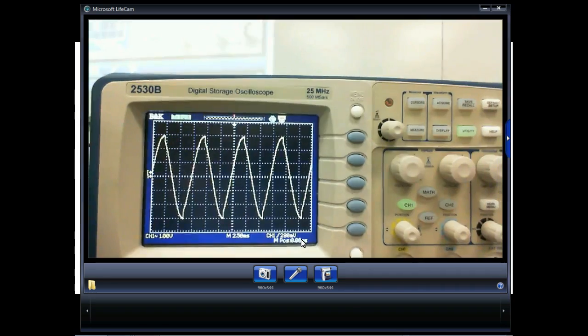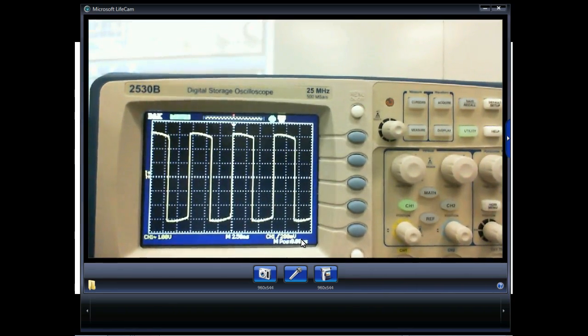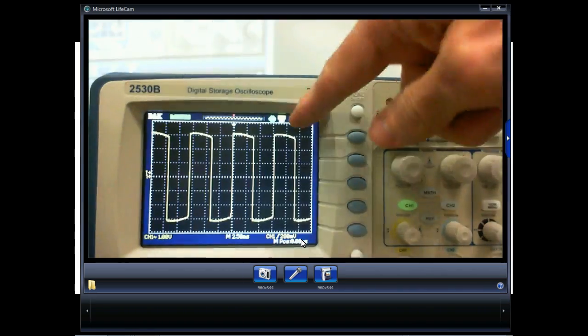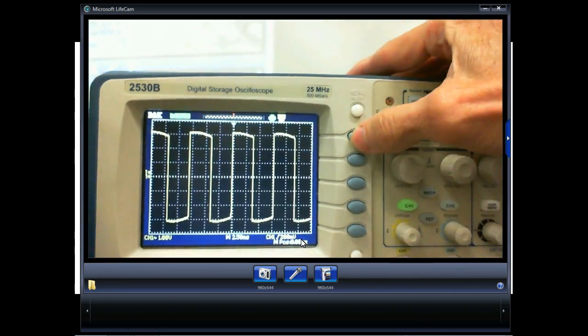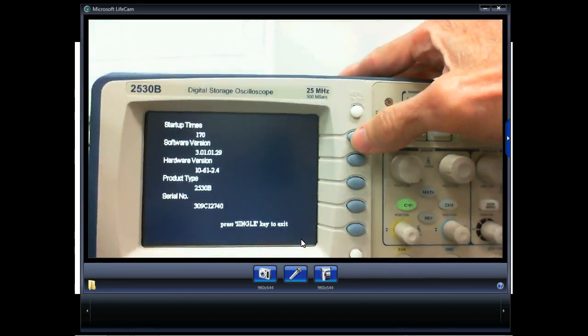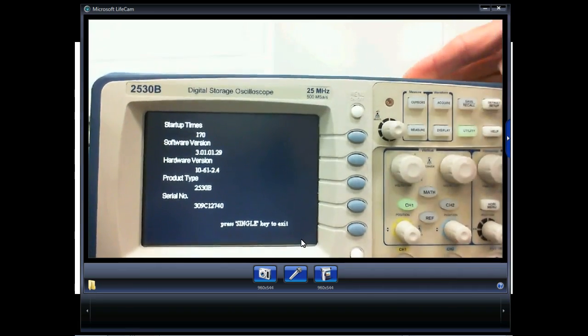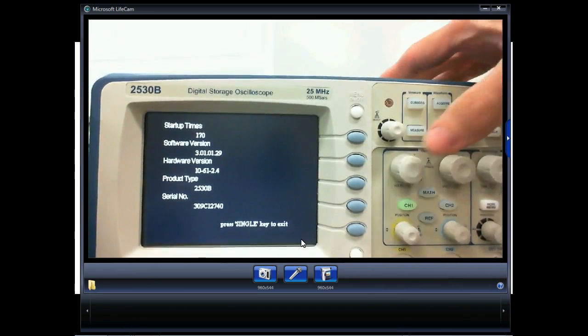Oops, I turned it off. This is called a pulse waveform. By the way, my scope is not set up right. It actually doesn't have this thing right here. Oscilloscopes. I'm going to switch this over. Oops. What did I just do? I've never seen that.